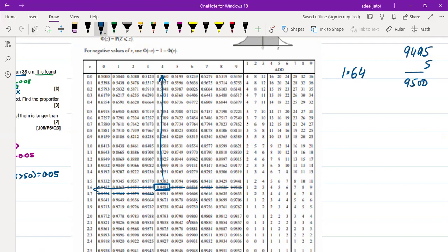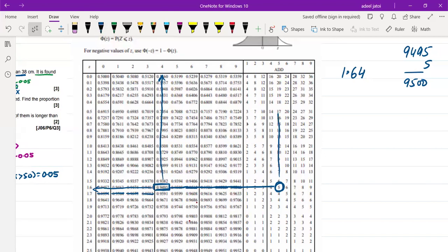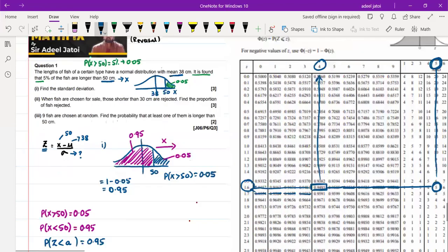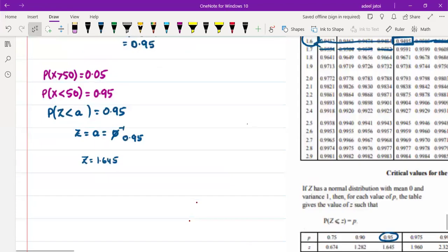So we need to search the value of 5 on the right hand side. Here it is. So 9495 plus 5 will give me 9500. The value that we need is this. So the end result is 1.645. So Z is equal to 1.645.